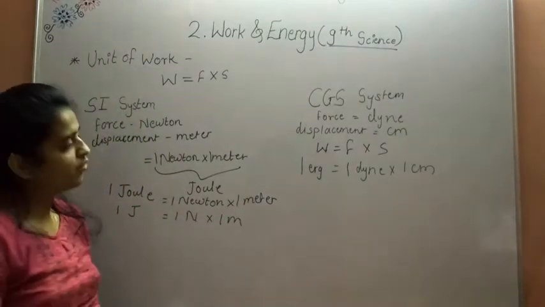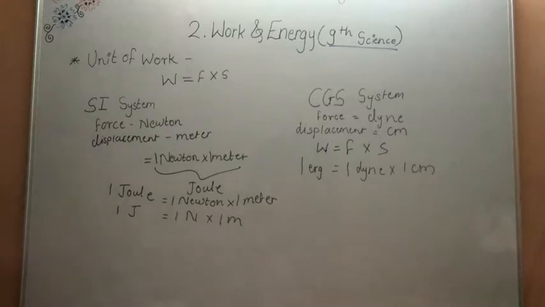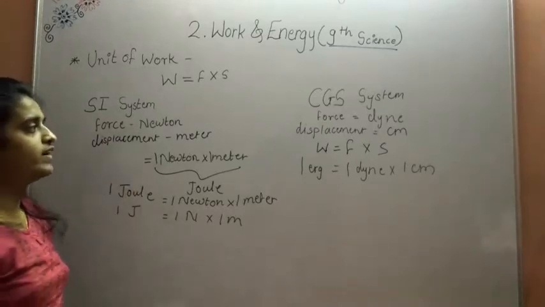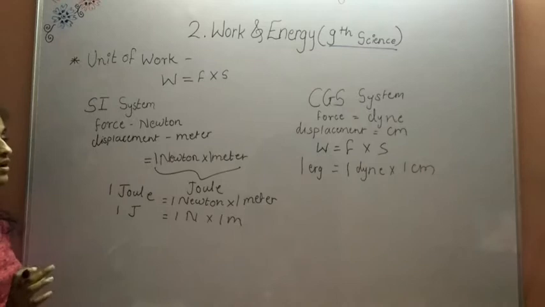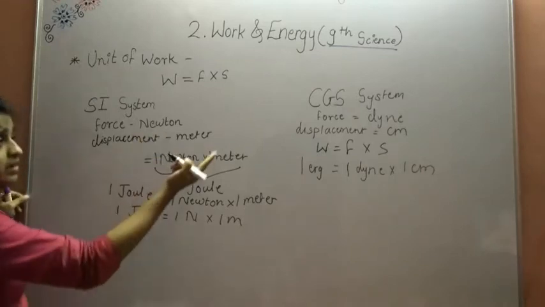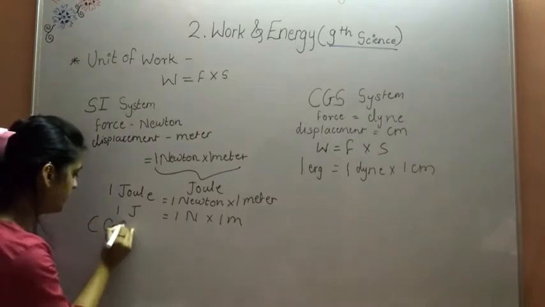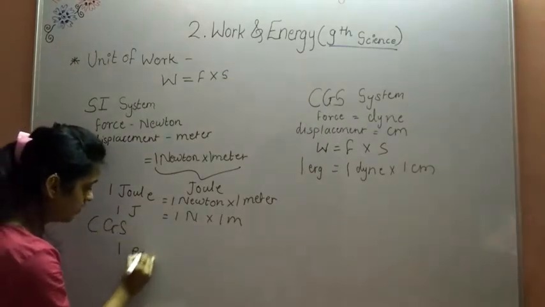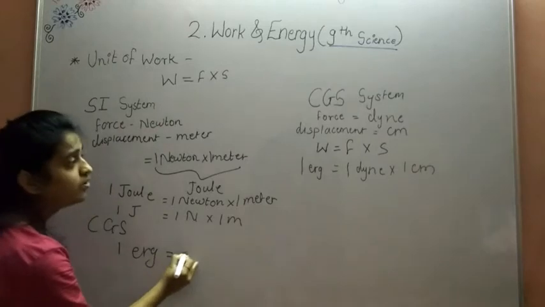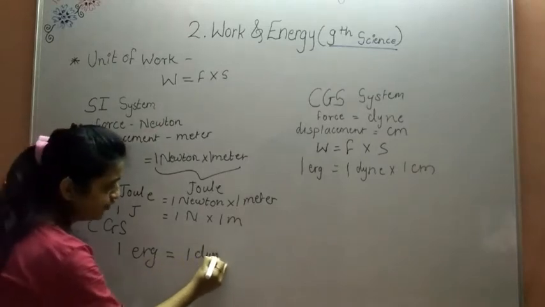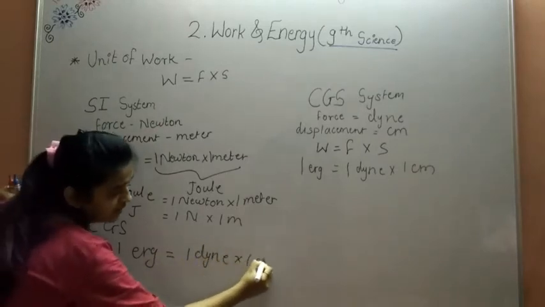So how do we find the relationship between erg and joule? We write down the CGS system in the downward direction. So 1 erg is equal to 1 dyne into 1 centimeter.